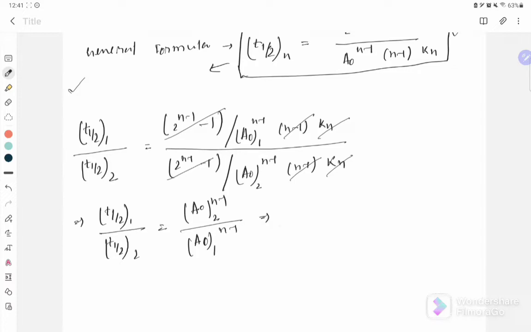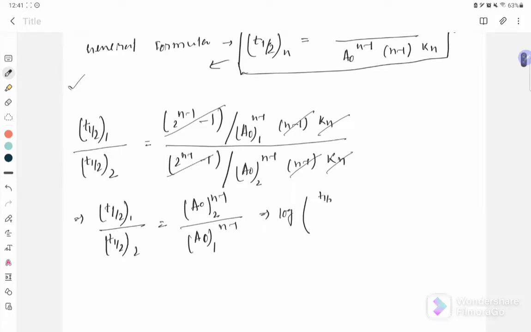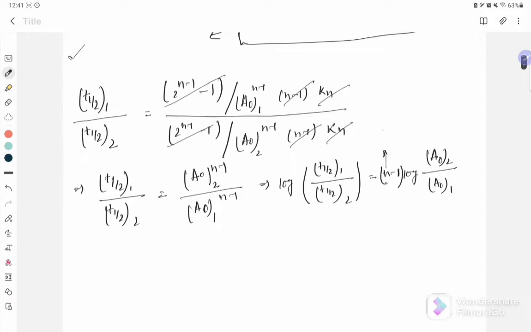Now we'll take log on each side: log of T half 1 by T half 2 equals n minus 1 into log of A0 2 by A0 1, where n is the order of the reaction. So this is our needed equation.